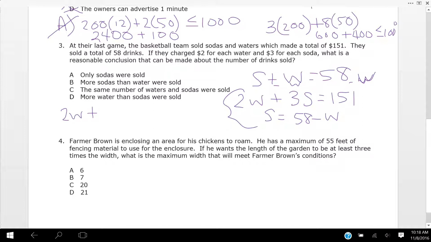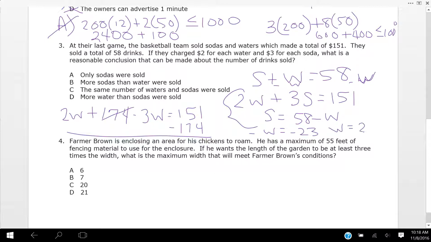3 times 58 is 174 minus 3W equals 151. So I'm going to subtract 174, and I'm going to end up with negative W equals negative 23.